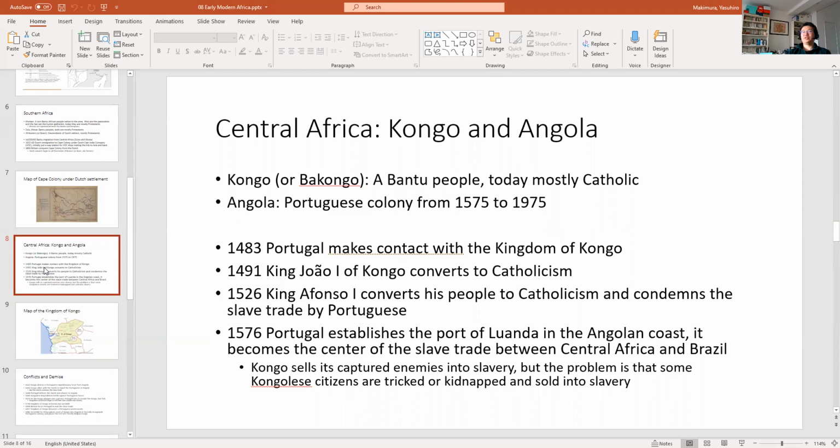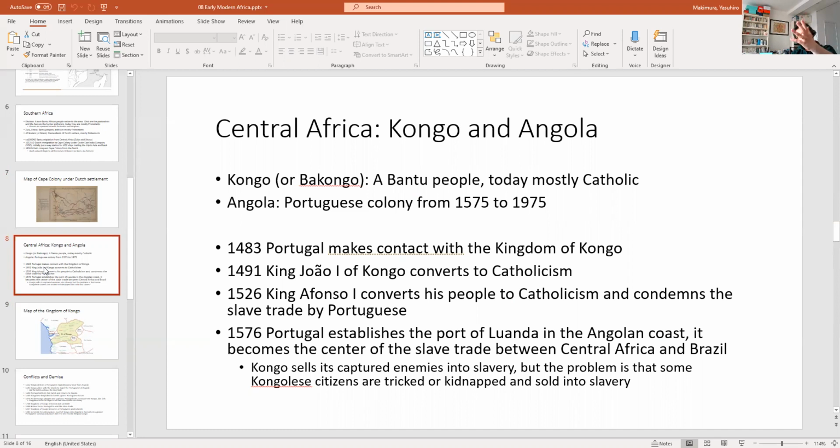They can fight enemies that surround the kingdom, and when you defeat the enemy and capture them as prisoners of war, you then sell those prisoners of war into slavery, and with that money you buy more guns so that you can keep expanding your kingdom. So there was a brief period where the Congolese really were the dominant power.